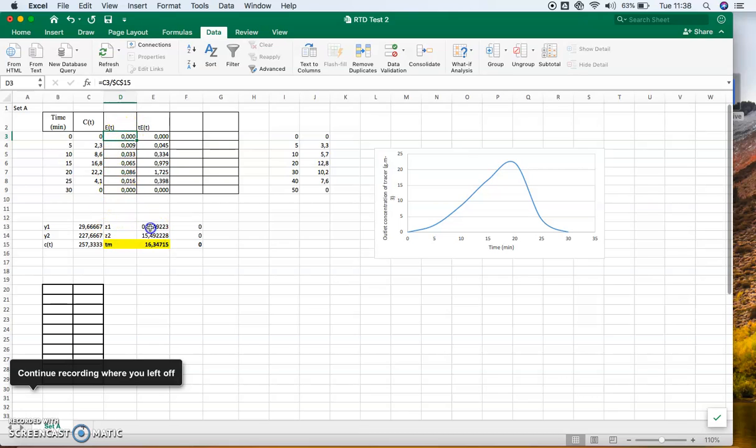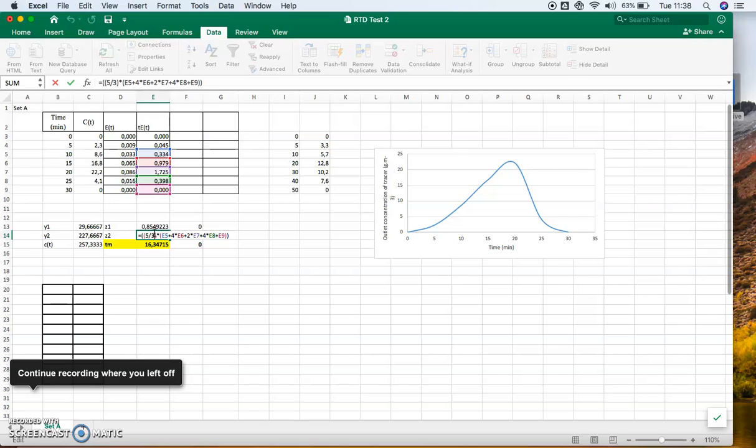For this value, you want to calculate your tm. Remember just now, tm is equal to the integral of t E(t). So it's the same thing. I'm using a similar Simpson's method. See, this is 3 point, and this is 5 point, so I split into 2.